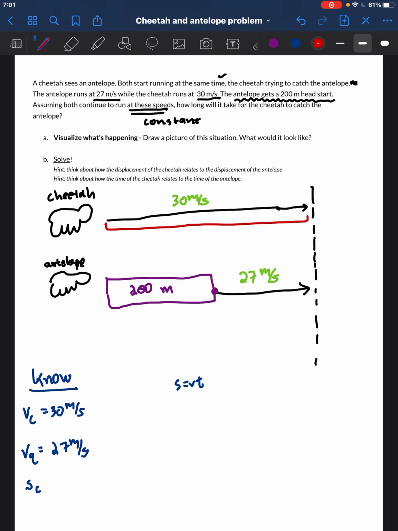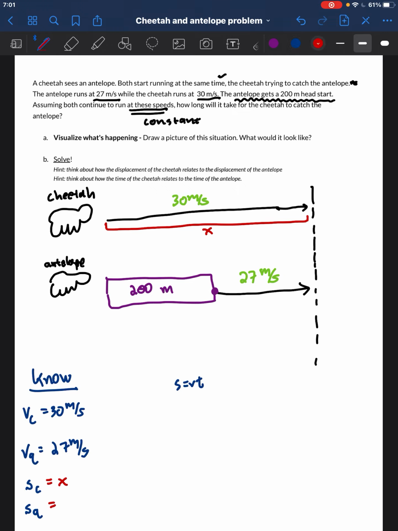Now let's think about the displacement of my antelope. Well, the displacement of the antelope is going to be that same distance, but subtracted by 200 meters, because you'll notice that the antelope gets a 200-meter head start. So this is x minus 200 meters.